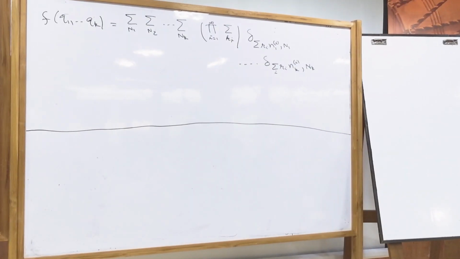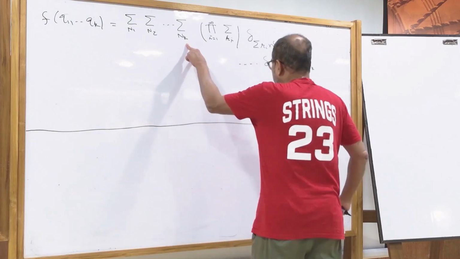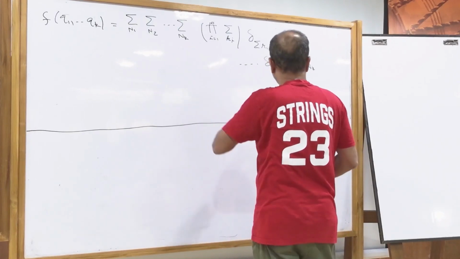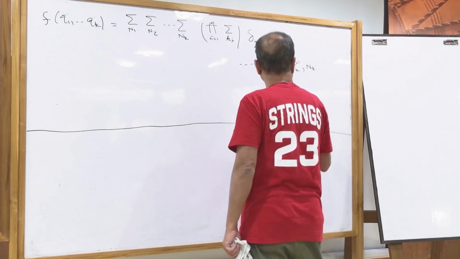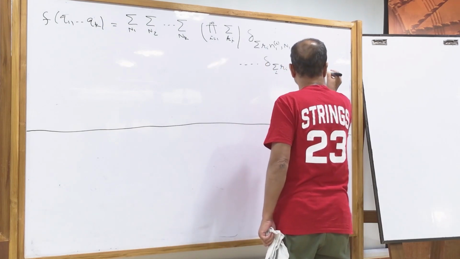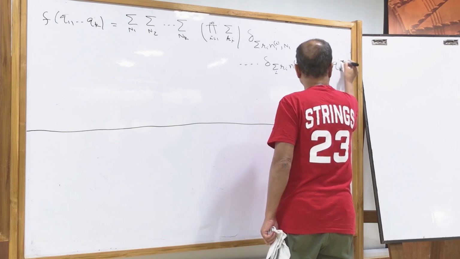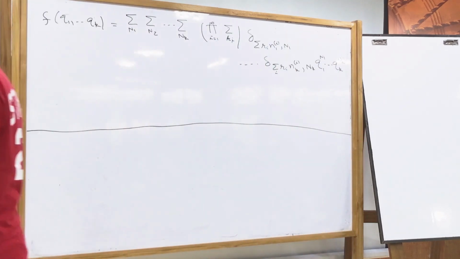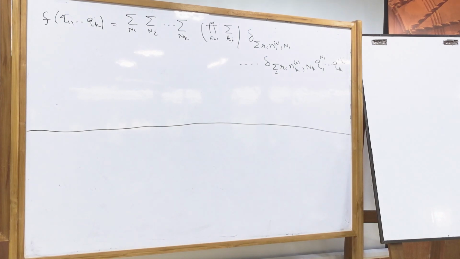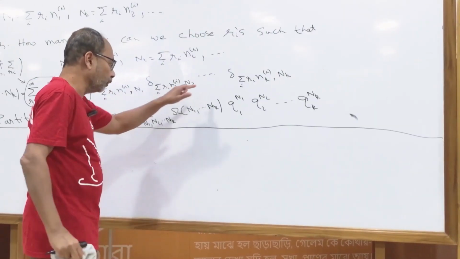And now the idea is that we do this sum first. Oh, I forgot the Q's. Yeah, right. So all I did is that I wrote this sum over N1, N2, N3, up to Nk of omega, and I used this expression for omega.